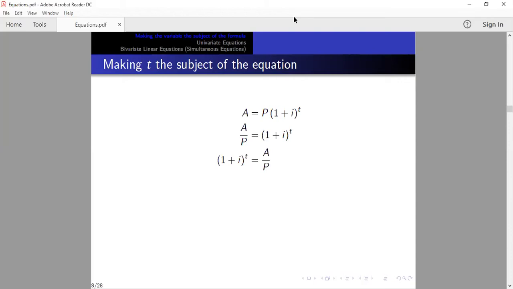It is, of course, logs. We need to introduce logarithms.